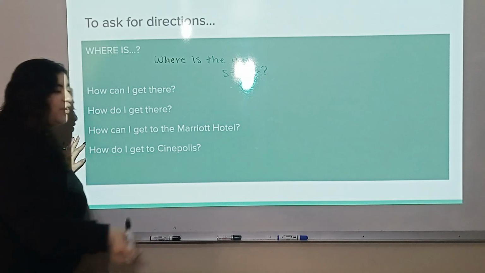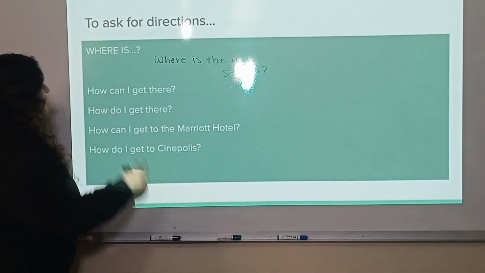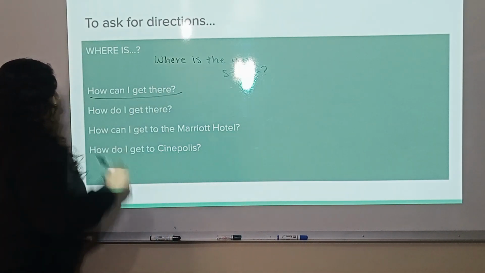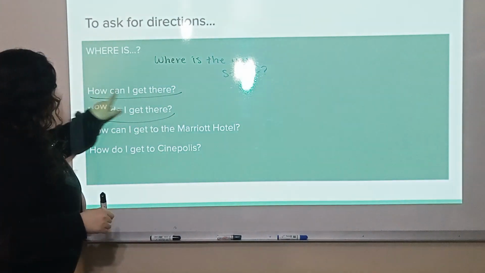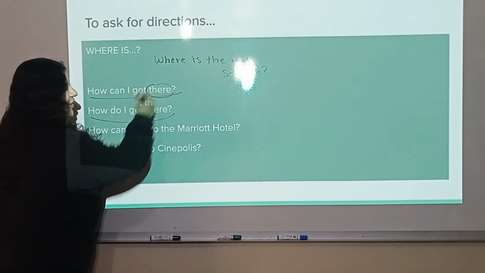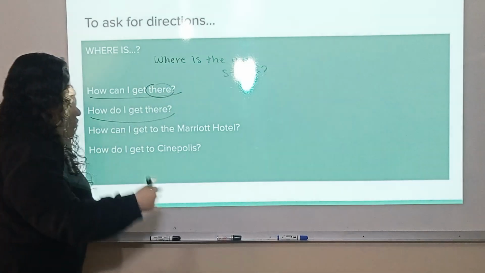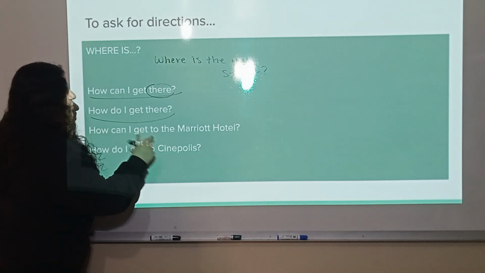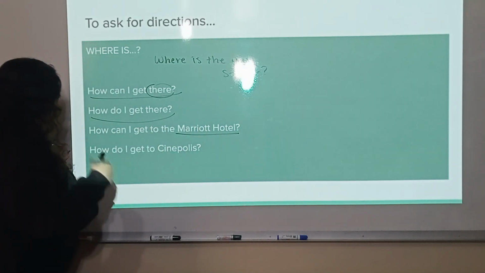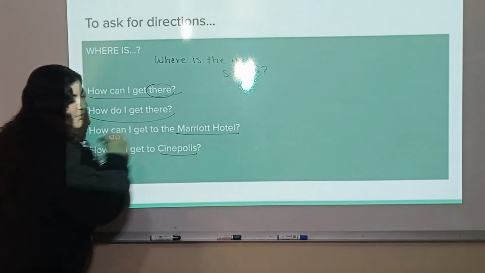Where is the bank? Or also we can ask, how can I get somewhere? Or how do I get somewhere? Right? We can either use there, if we're already talking about the place, or we can directly mention the place. For example, how can I get to the Mario Hotel? Or how do I get to Cinepolis, right?